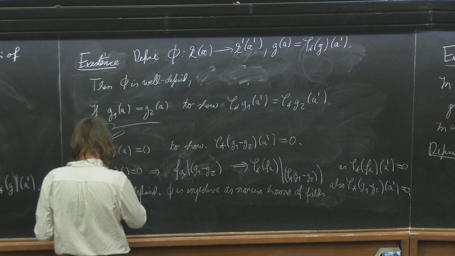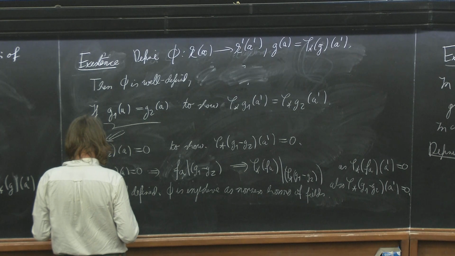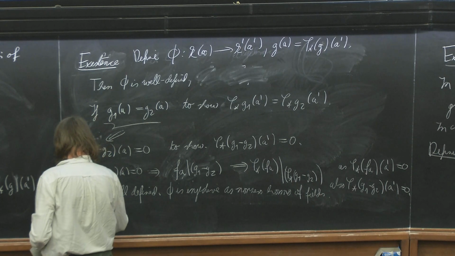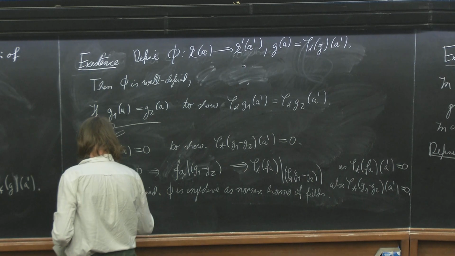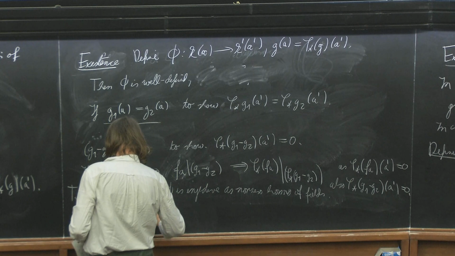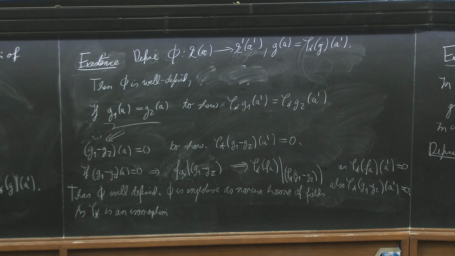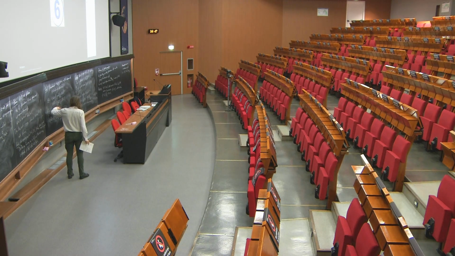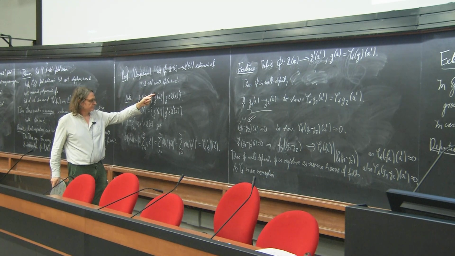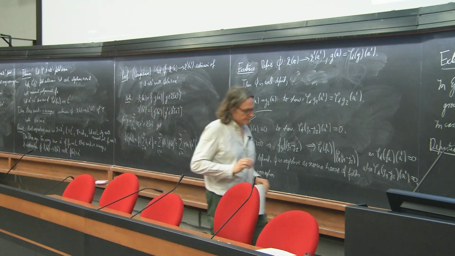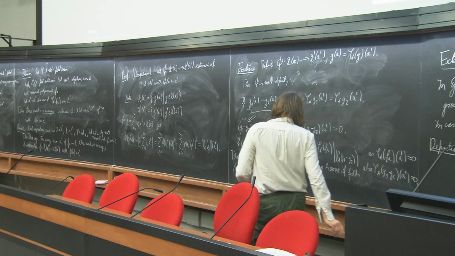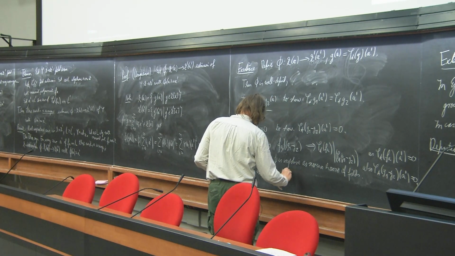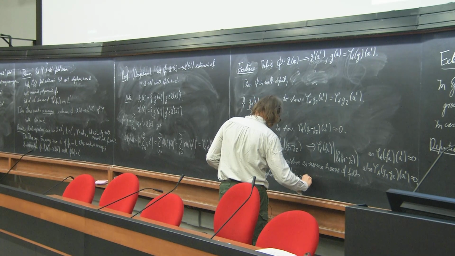And as phi star from k[x] to k'[x] is an isomorphism, if we have all g's here, we get all g primes, so that means the map is surjective. Also surjective. That's an isomorphism.